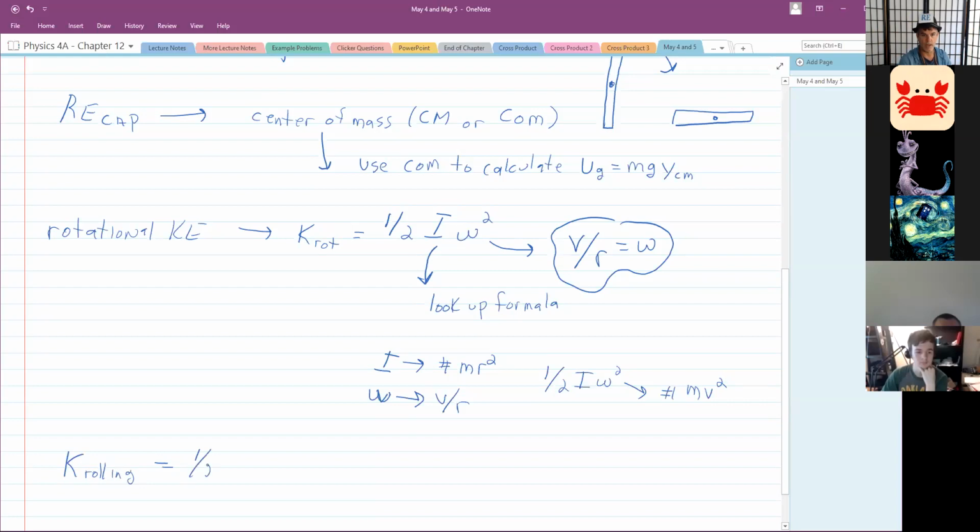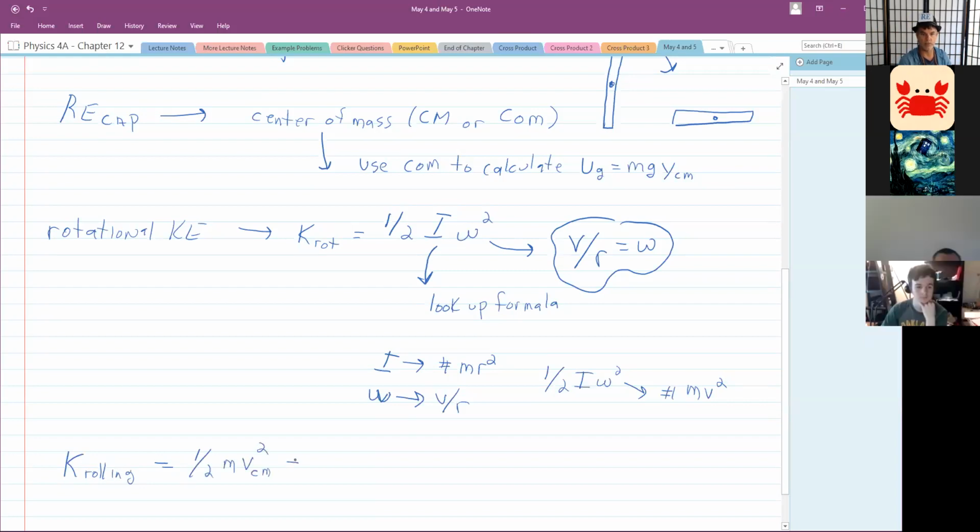So I've got 1/2 mv squared, where this is the speed of the center of mass, plus 1/2 I omega squared. And again, this 1/2 I omega squared term ends up, you convert it into some number times mv squared. And so kinetic energy of rolling, I'm going to end up usually with a number times mv squared. And that's how you do most of these.